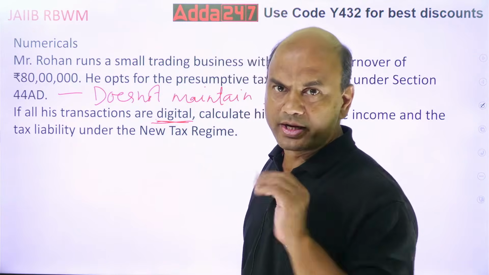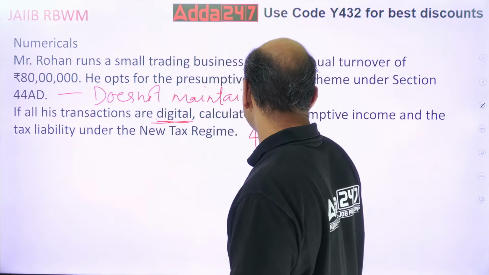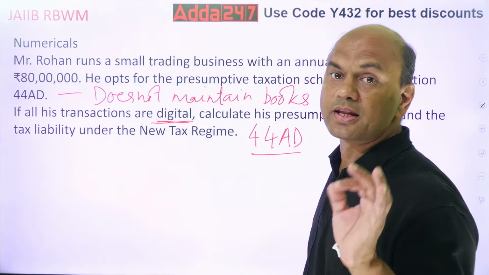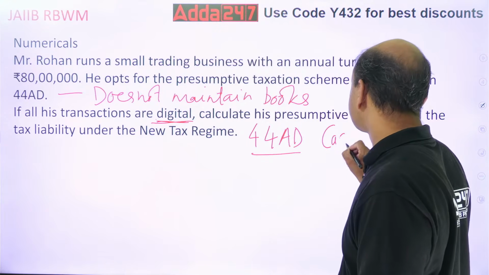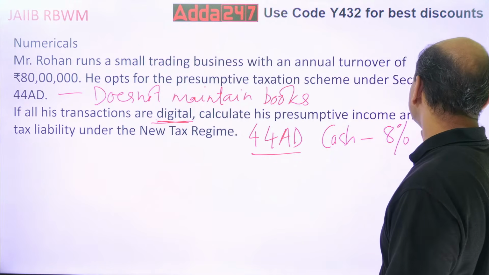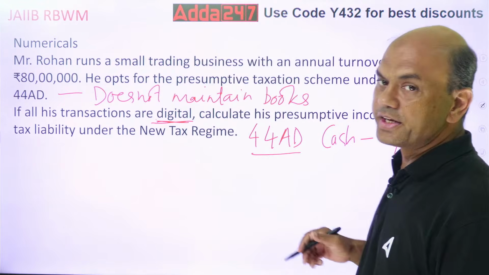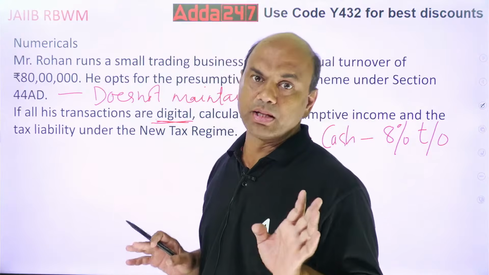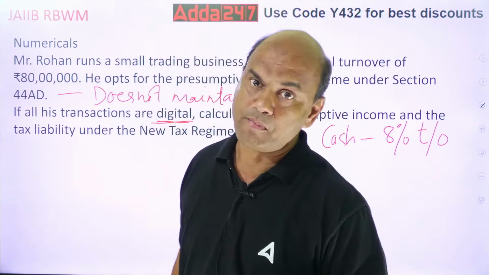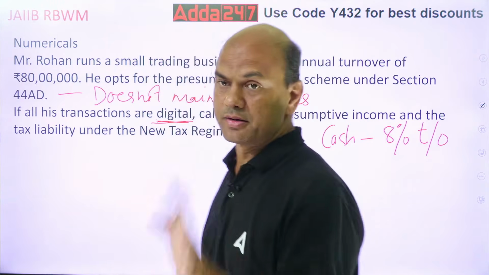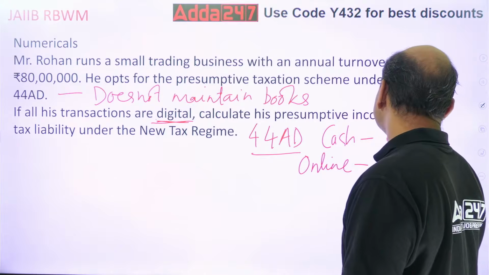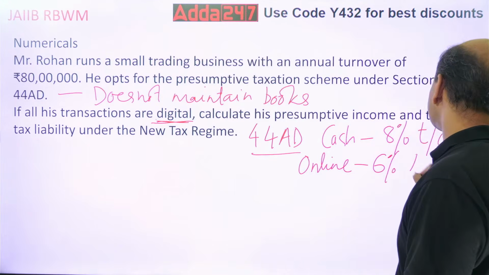See what does 44 AD say? 44 AD says, pay attention, if my transactions are in cash, then 8% of turnover is my income, minimum. 8% of my turnover is my income, profit, okay, 8%. And if it is online, then 6% of my turnover is my profit.